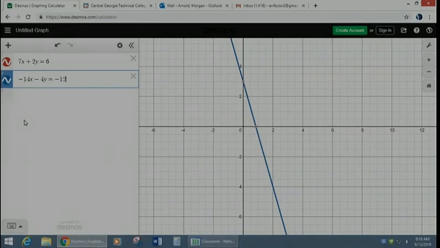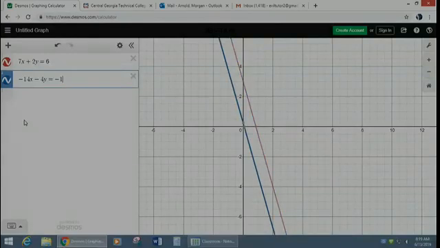Now watch what happens when I type in the last part of the second equation. The second equation is in blue, but when I finish typing the equation, it gets superimposed over the first equation.